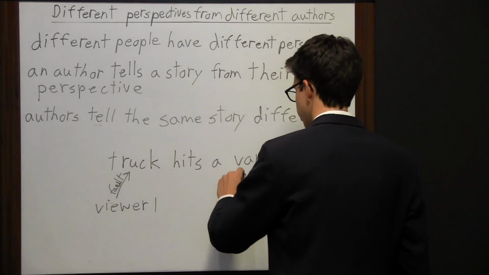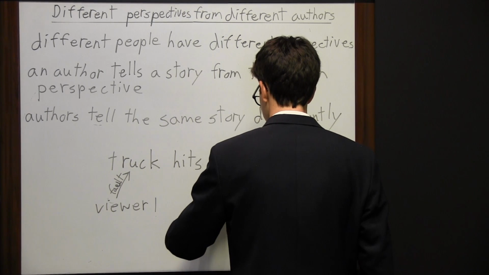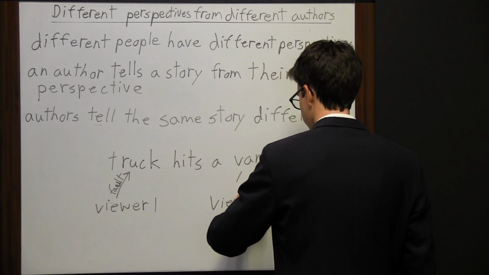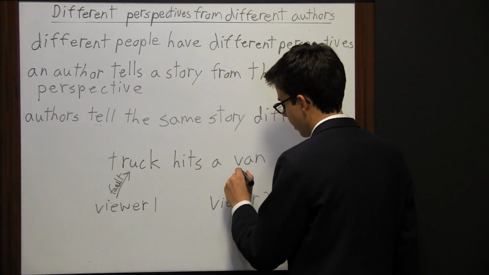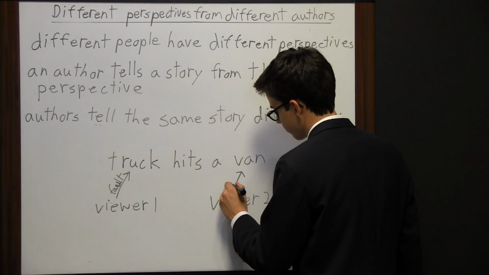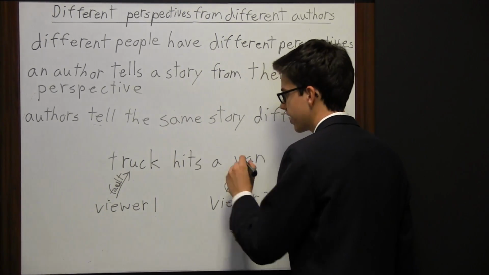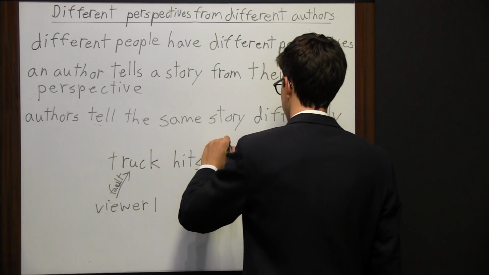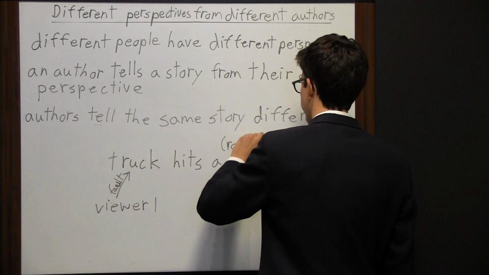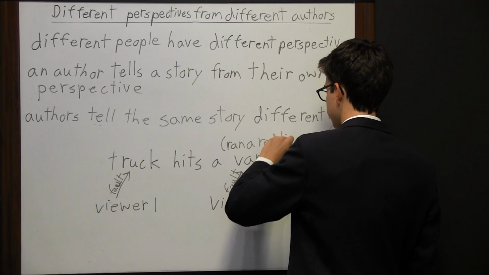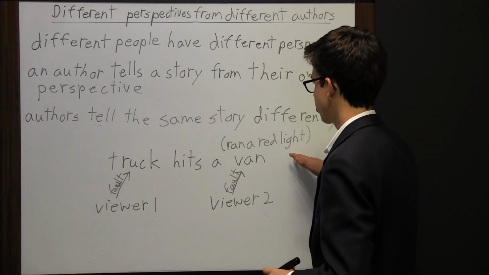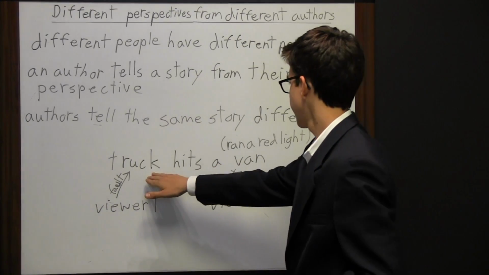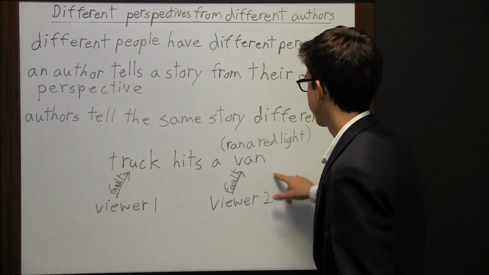But then viewer two was paying more attention to detail. And he casts fault on the van because the van ran a red light. And so because the van ran a red light, it wasn't supposed to be in the intersection, so that's why the truck hit the van, because the truck had a green light, but the van had a red light.